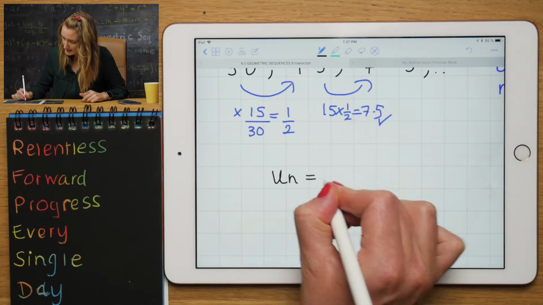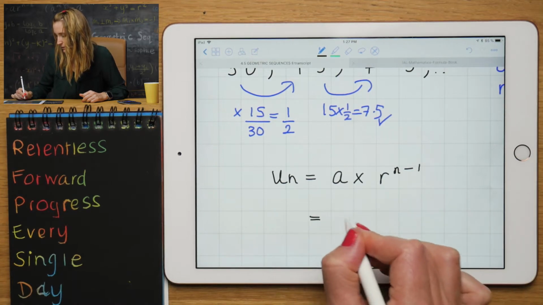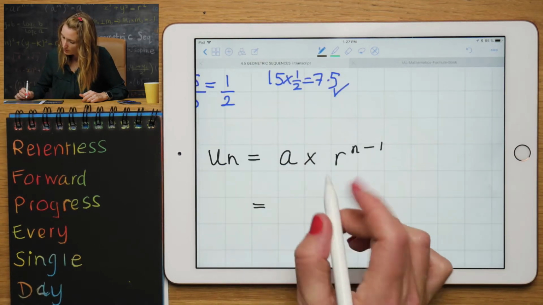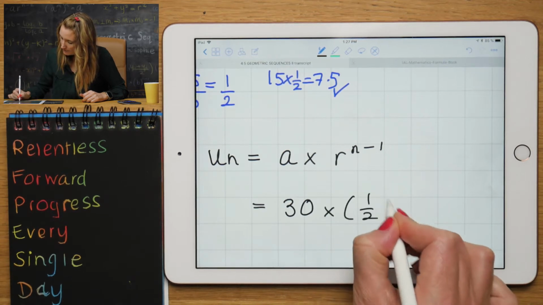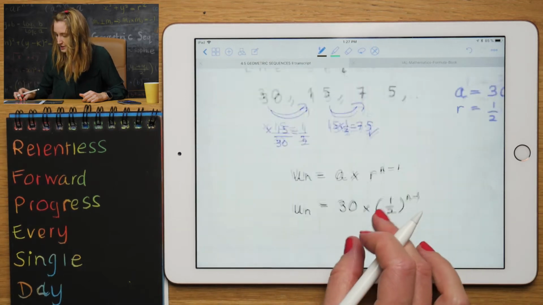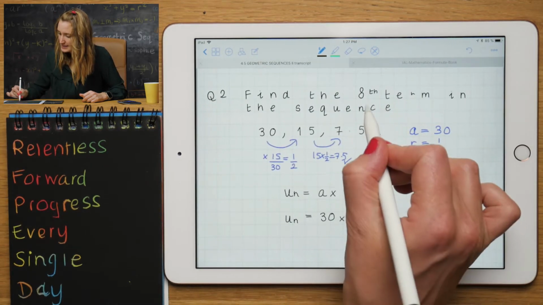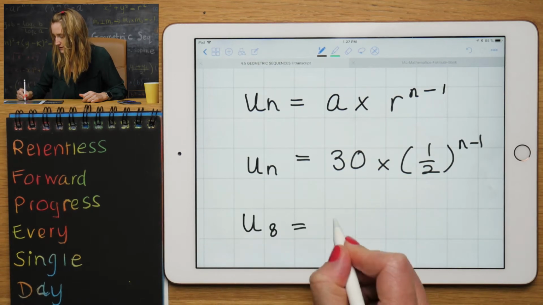So u_n is equal to a times r to the n minus 1. u_n is equal to 30 times a half to the n minus 1. So that's my nth term formula first. And secondly, I'm going to take the 8th term. I'm going to replace all of the n's with 8.